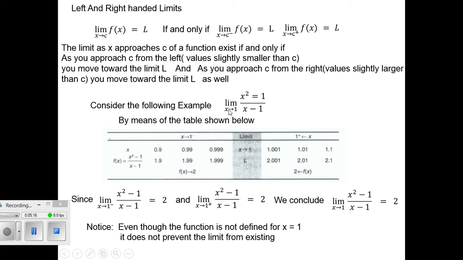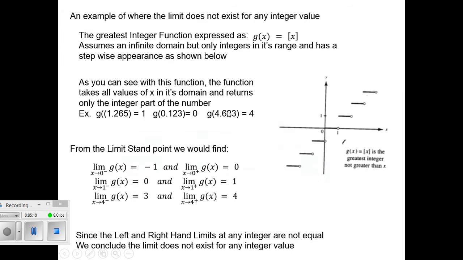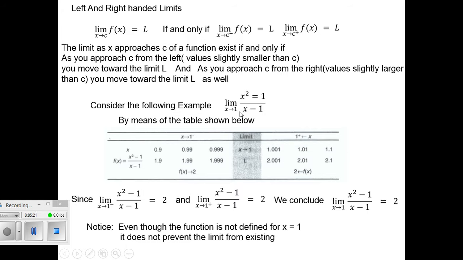And before we examine what happens as x approaches 1, we're going to look at it from the left side and from the right side. So the tabular values say, okay, here we are approaching x from the left side.